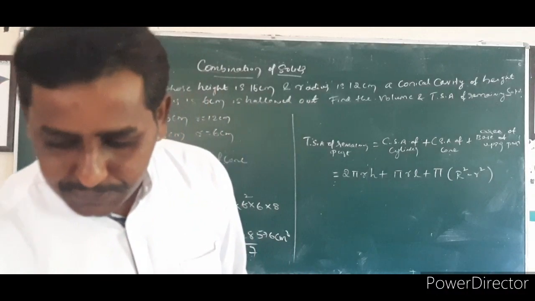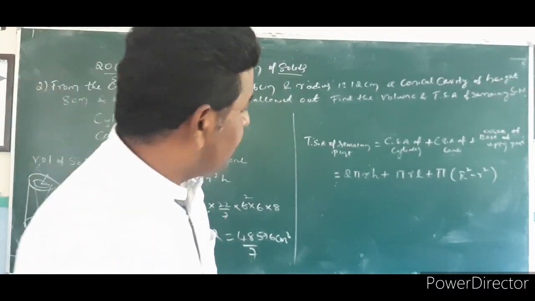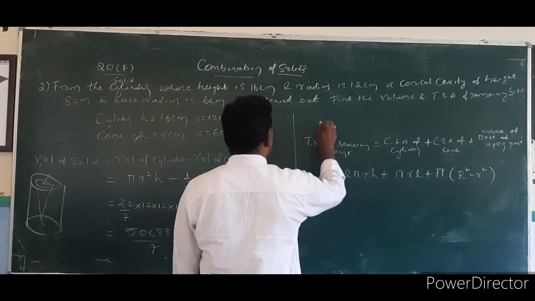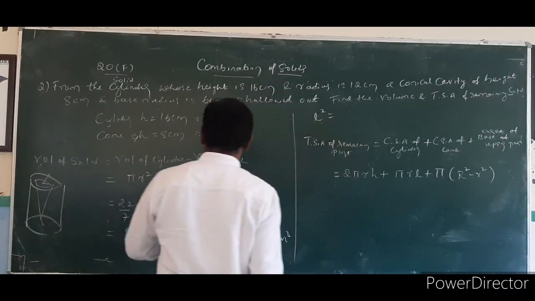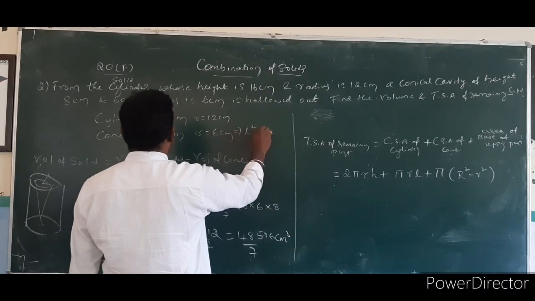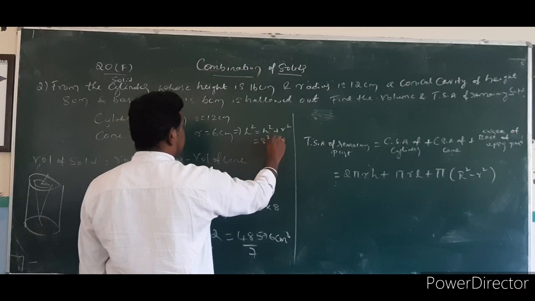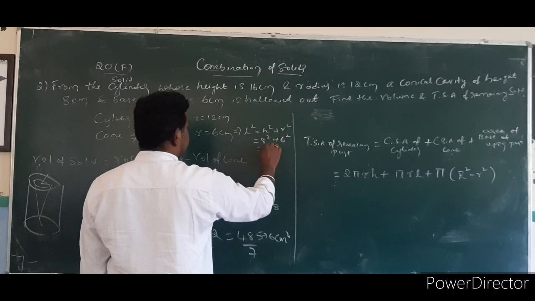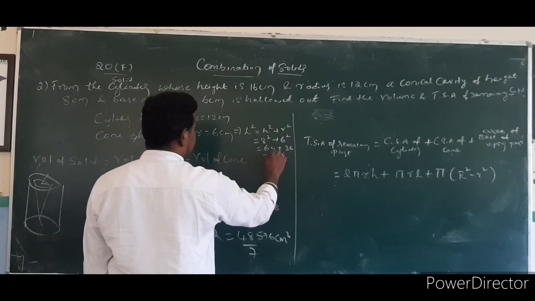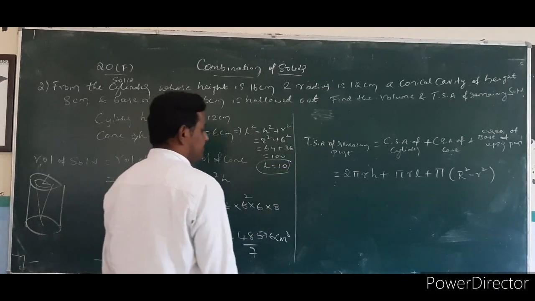If you want to substitute the values, before that you find the L value of the cone. L square you can find here only. L square is equal to h square plus r square, 8 square plus 6 square, 64 plus 36, 100. That is, L value is equal to 10.